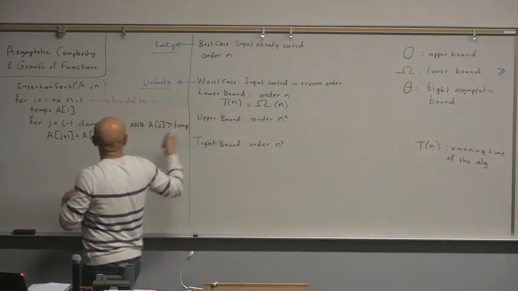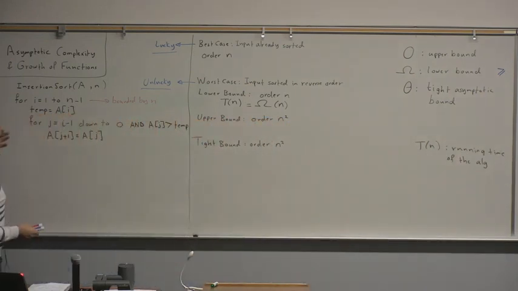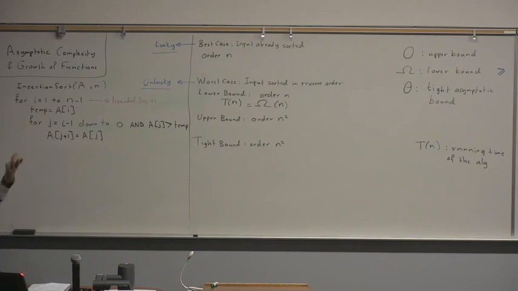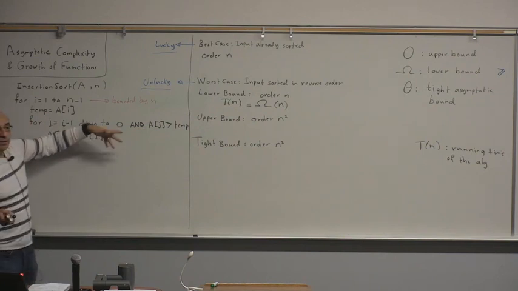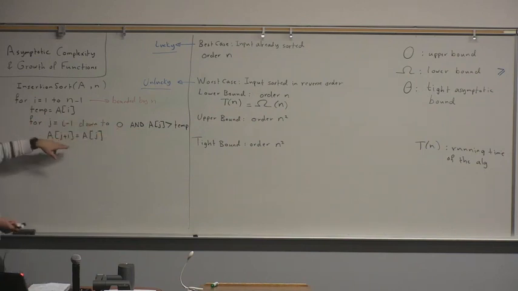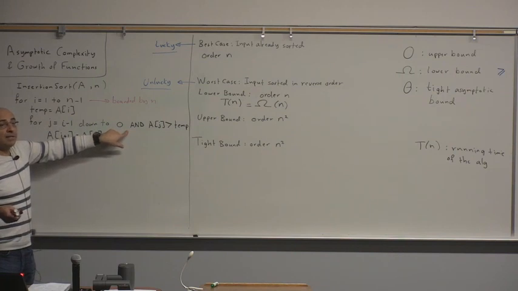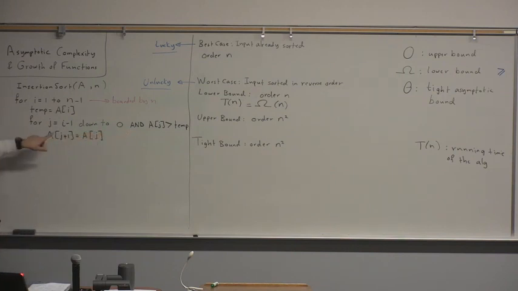Now, in terms of an upper bound, we can say, okay, this loop is bounded by n. For this loop, the number of executions is going to vary depending on i. For a different i, this loop will be executed a different number of times. But the number of times of this inner loop will not exceed n anyway, because we are starting from i minus 1 to 0, and i minus 1 is going to be anywhere between 1 and n minus 1.